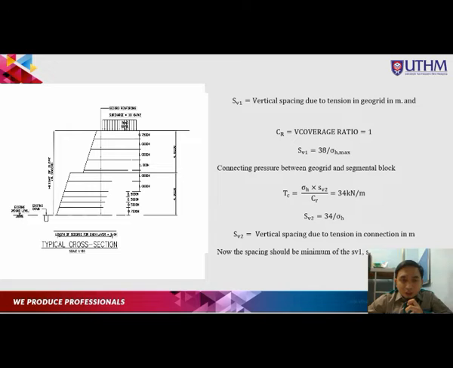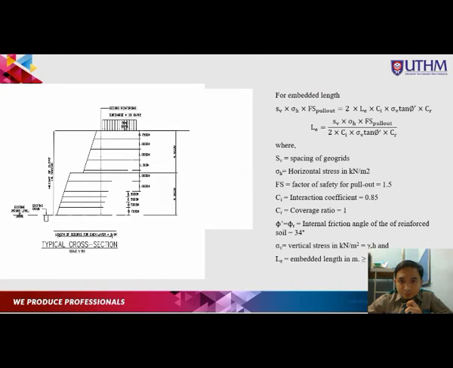Next is step 2, calculation for vertical spacing. Vertical spacing is the formula for connection pressure between geogrids. For embedment length, this is the formula. Step 3 is calculation of anchorage length for embedment length.